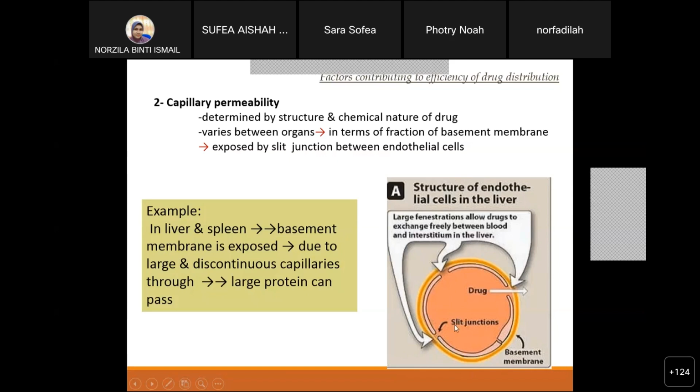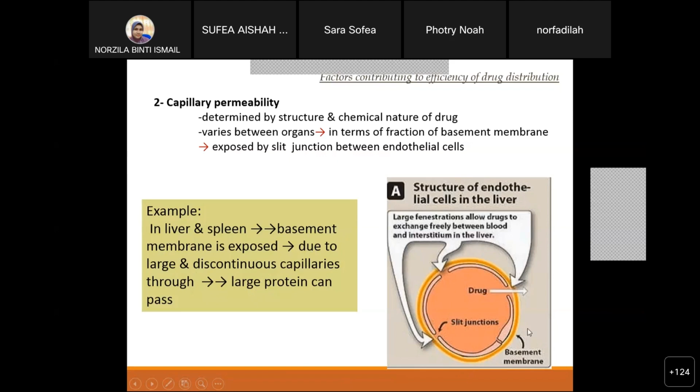This means even drugs that are not lipophilic can go through these slit junctions. The basement membrane is exposed due to large and discontinuous capillaries, so that large proteins can pass.